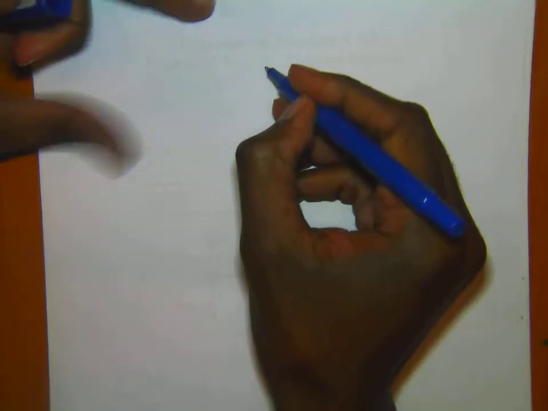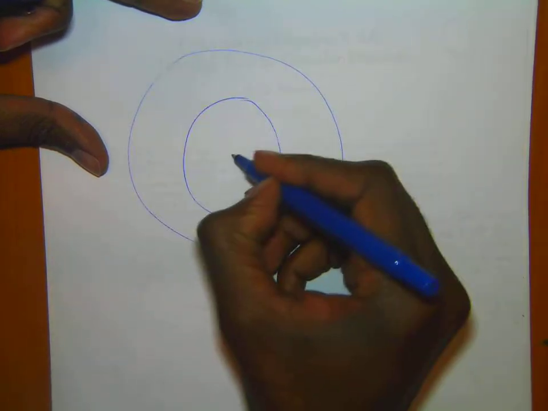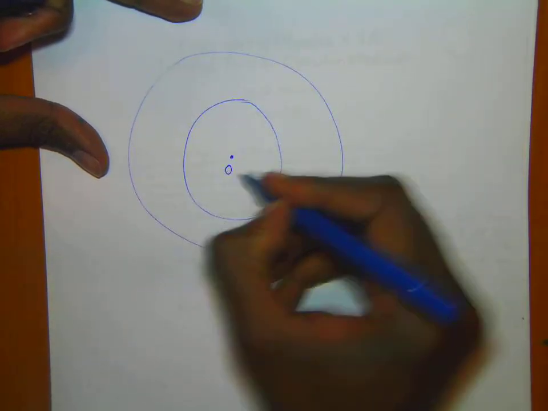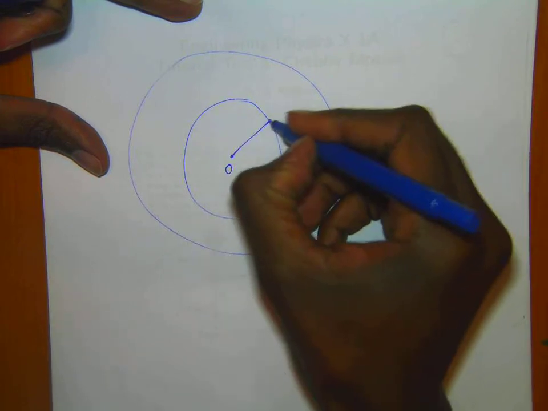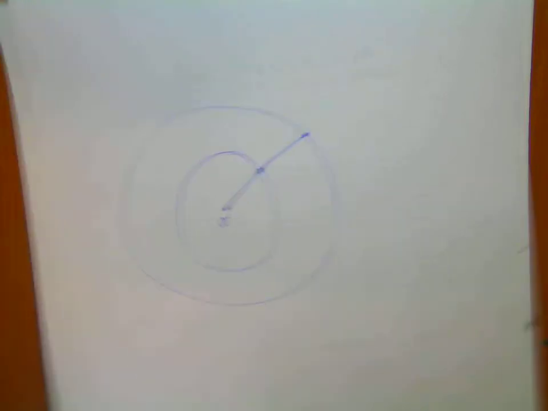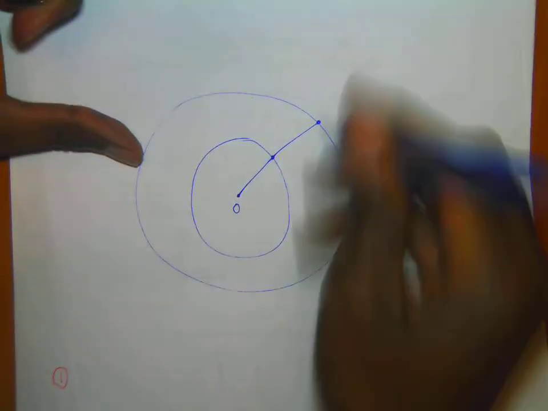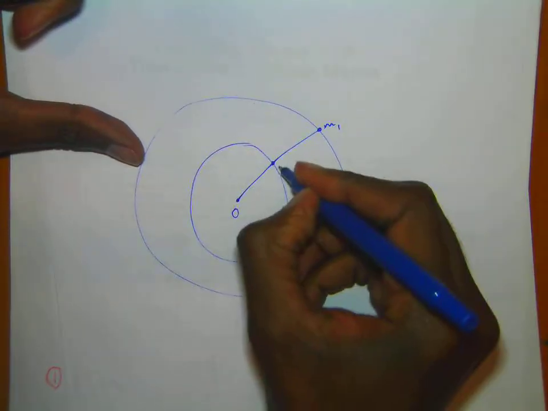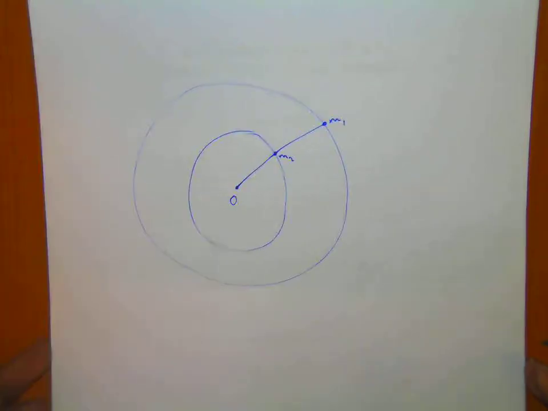If you have two bodies, that's the center O. So you have two bodies, that's body 1, M1 and that's M2. Is that clear?